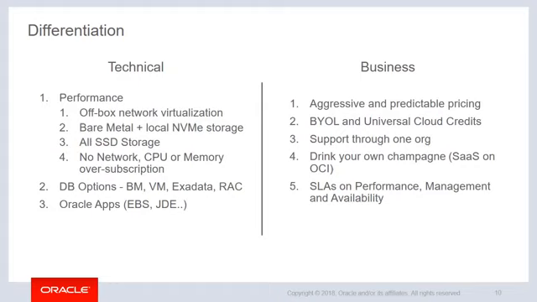If you are running any of the Oracle SaaS applications, you can get support for SaaS and infrastructure through one organization. We also drink our own champagne, which is a term which you don't hear a lot. The common term is eat your own dog food, but we run a bunch of our own SaaS properties on Oracle Cloud Infrastructure.